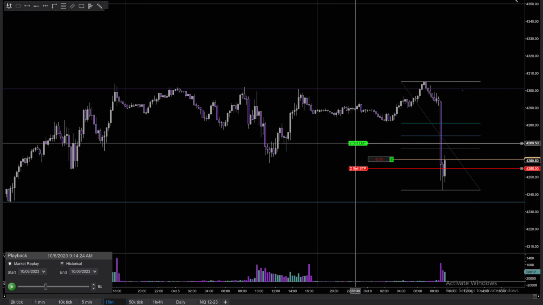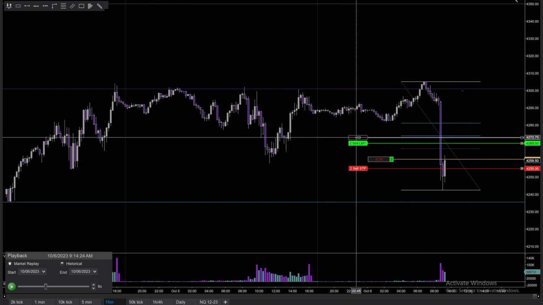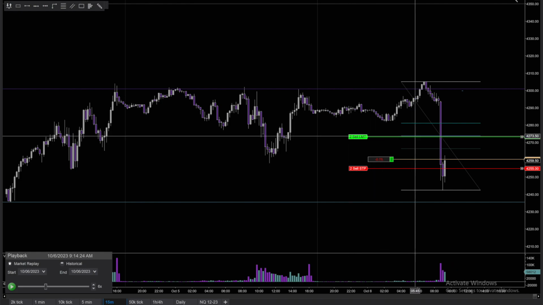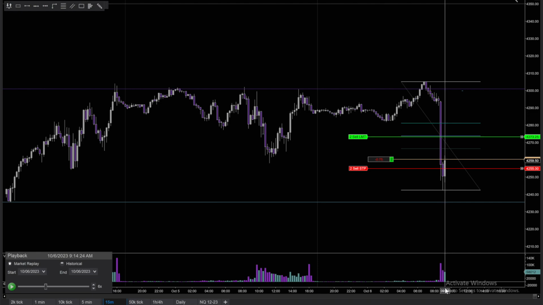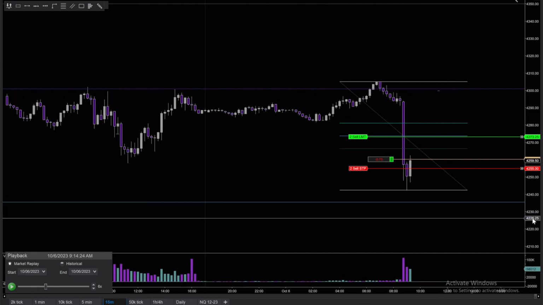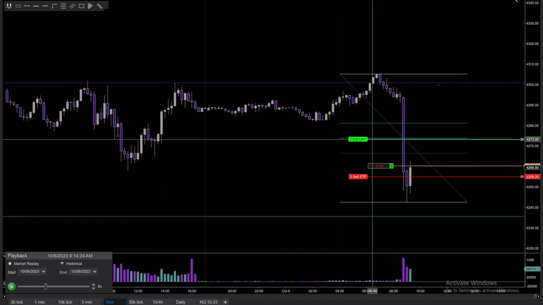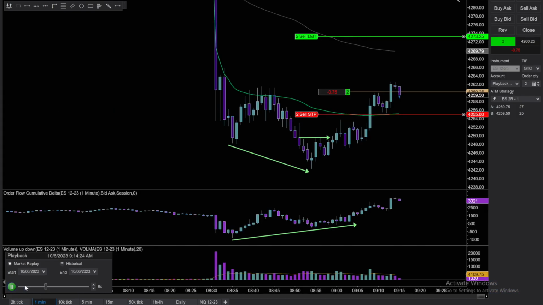Since this is technically counter to that impulsive move, we could put our target just below the 50% retracement of this whole bearish move. You guys see that? That would be a more aggressive target. And then we just play this through.